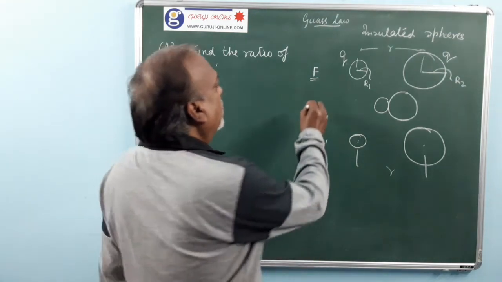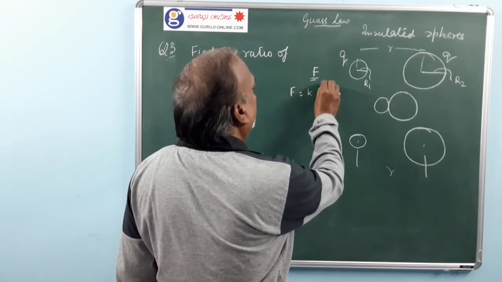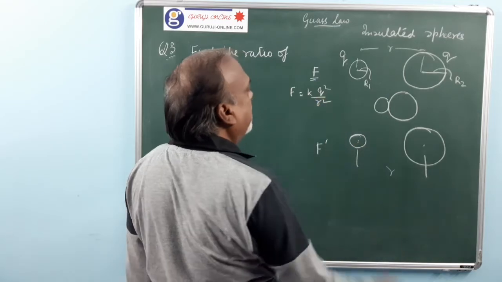Here, what will be F? K Q square upon R square.